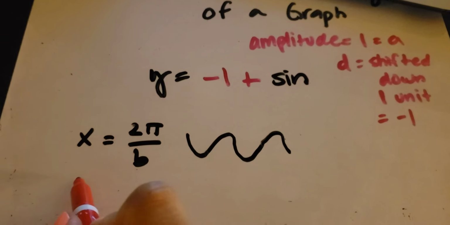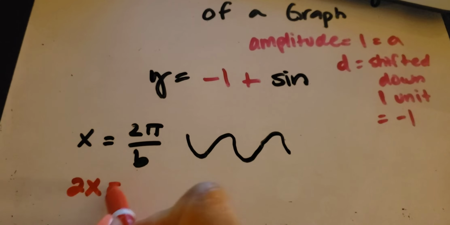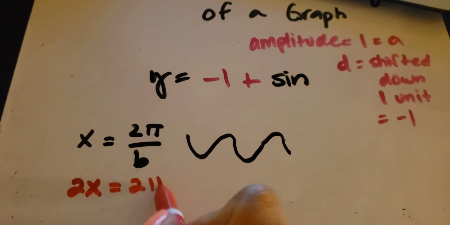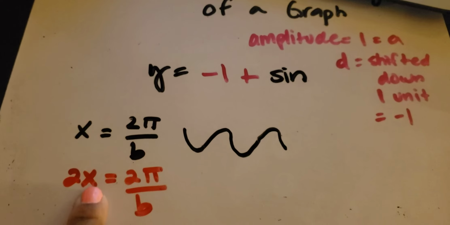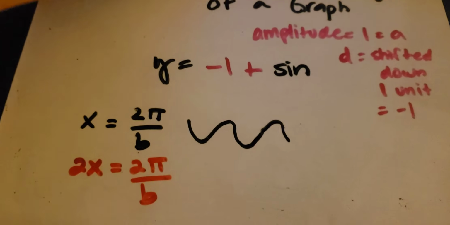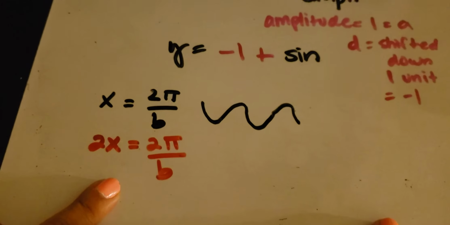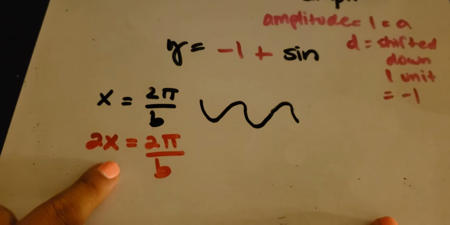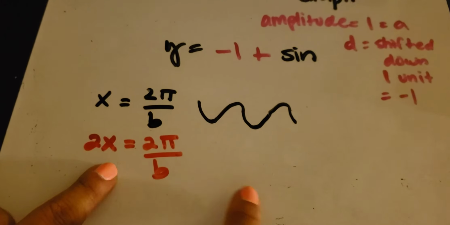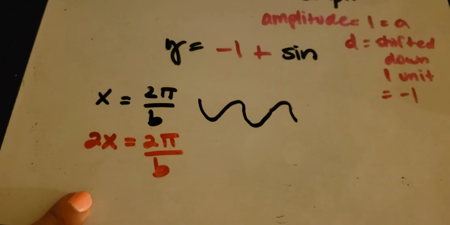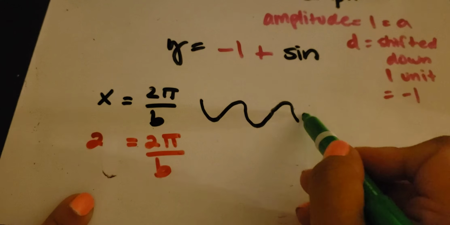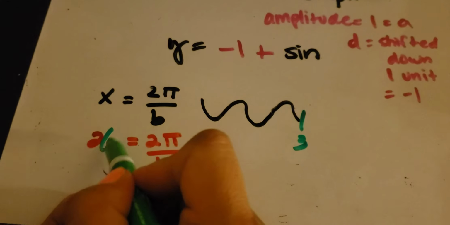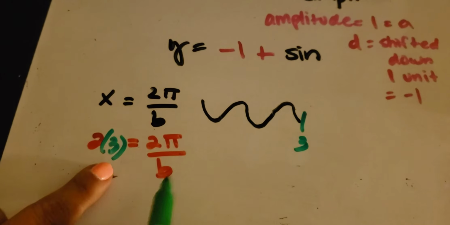So it would be 2x equals 2 pi over b. Okay, now what is x? X is going to be our domain, our interval. So now I can replace x with 3 because we know the window went as far as 3. What I don't know is what my b is.